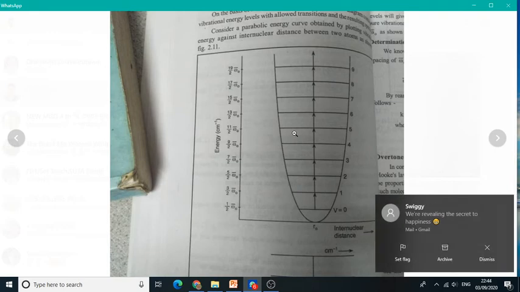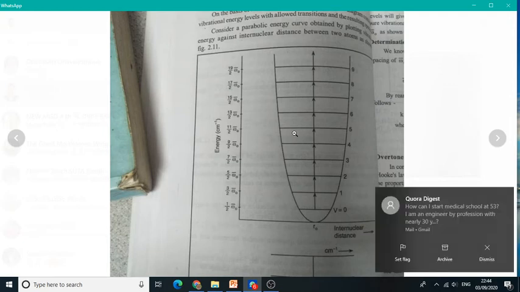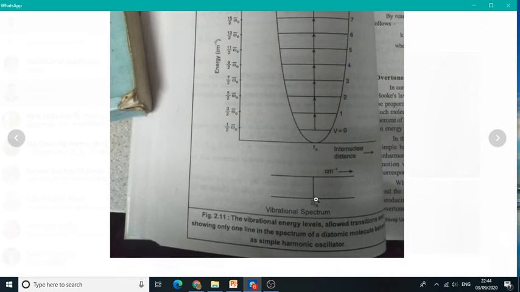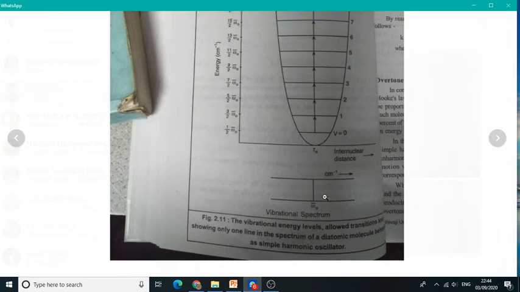Therefore, there is a modification in the vibrational energies of anharmonic oscillators. And the nature of the vibrational spectrum here is a single line at the frequency omega bar oscillation. The vibrational energy levels' allowed transitions show only one line in the spectrum of a diatomic molecule as a simple harmonic oscillator.